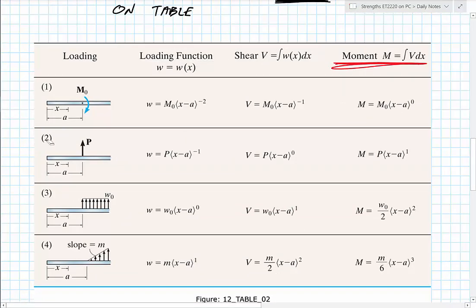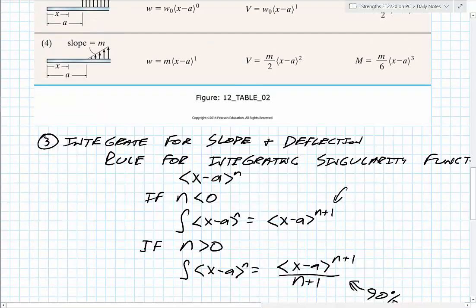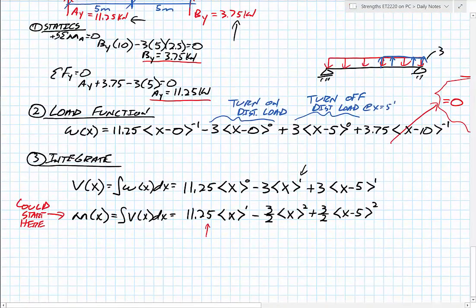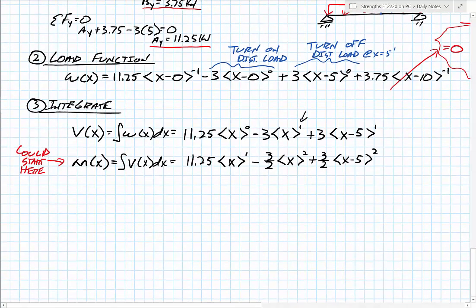So if I have a reaction on the end, case 2, it says I use this equation, the magnitude of the reaction, x minus a to the first, and I should see that right there. So there's my load on the end, x minus 0 to the first power. So that's why we say we could start there, and I will, usually start right there to cut off those first two integrations.